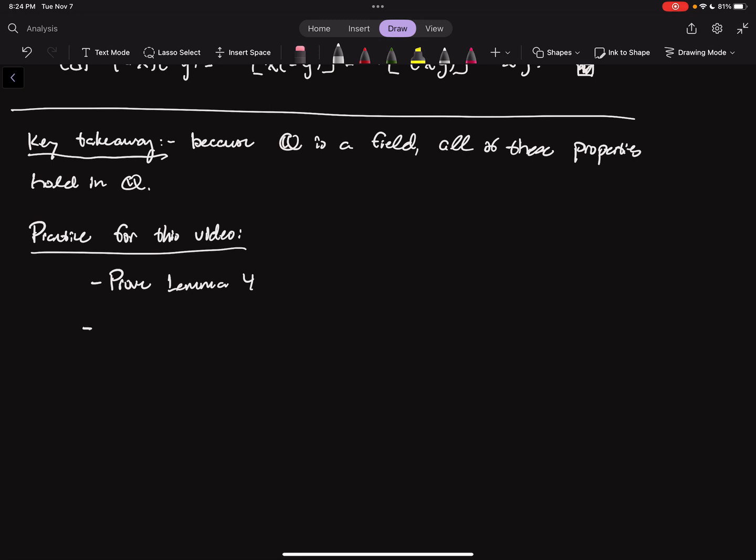And then, if you still want more practice after that, write out the proof for lemma 5, noting at each step what property we used.